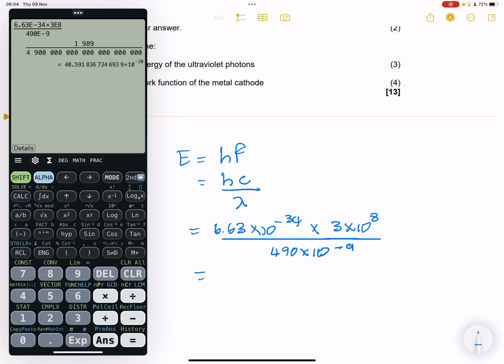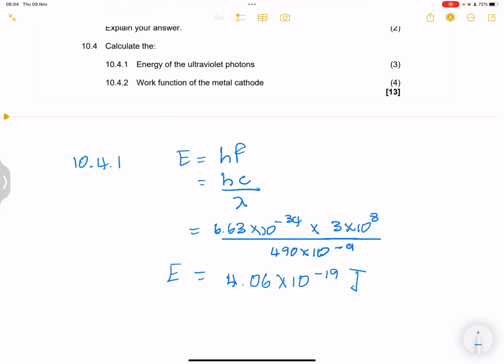We get that answer there, 4.06, times 10 to the exponent minus 19 joules. So that's the answer we get over there.